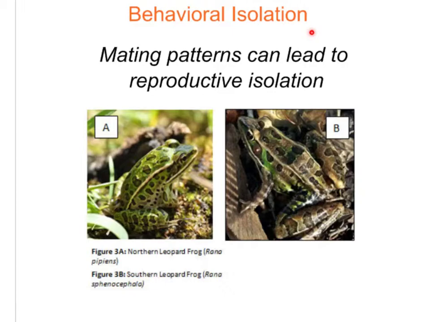So we see that example in the mating patterns of these leopard frogs right here. They are still in the process of speciation. However, subtle differences between the northern leopard frog and the southern leopard frog in their pre-mating behavior have isolated these groups from one another. And eventually, scientists may group some of them in a new species.